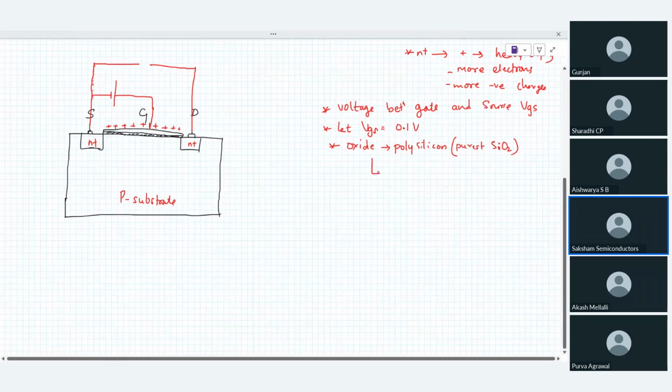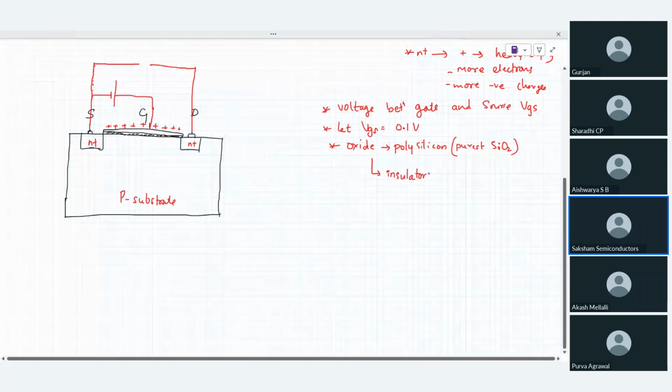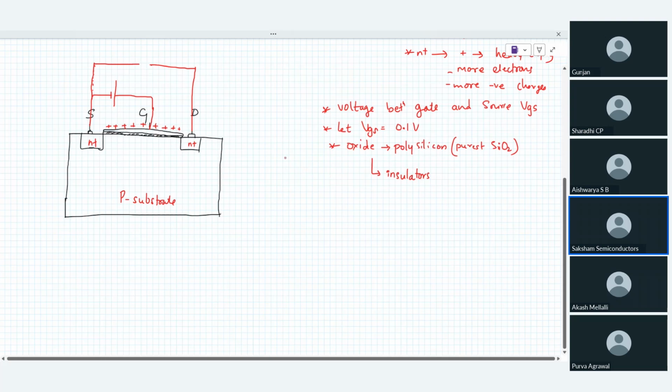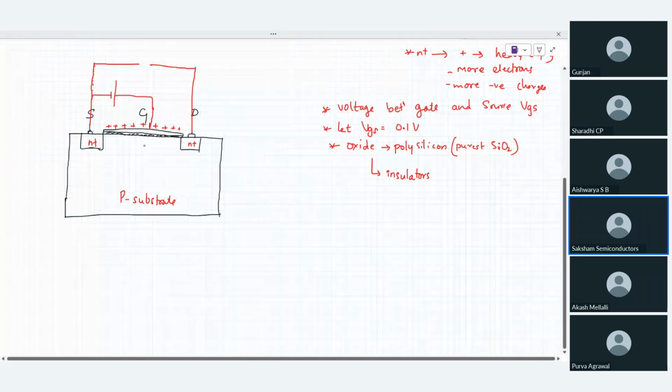And what are these oxides? These are basically insulators, and insulators don't allow any flow of current. And because it is a purest insulator, its insulation capability is very high. Very high in the sense there will be almost zero electrons entering here, because there should not be any electrons flowing through the gate.